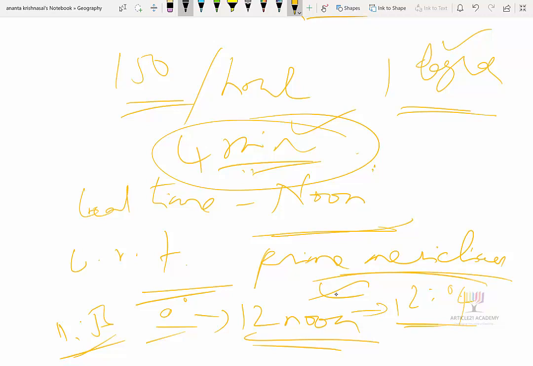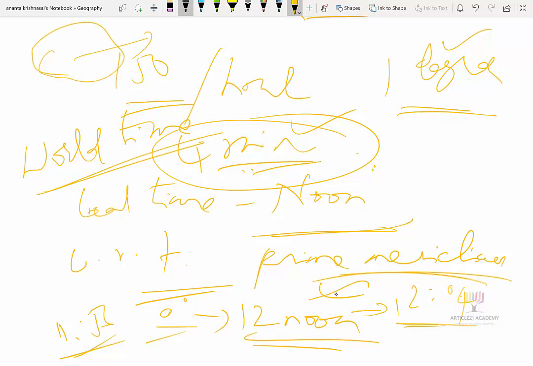So the rate at which the sun traverses over certain degrees of longitudes, which is used to determine the local time of an area with respect to the time of the prime meridian, that is 0 longitude, is called world time. However, as we know that there is this difficulty of having a huge administrative boundary for any country, you cannot have the world time for each and every meridian which is passing through that particular country.